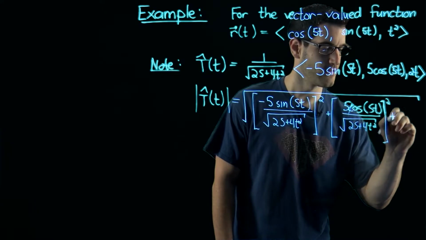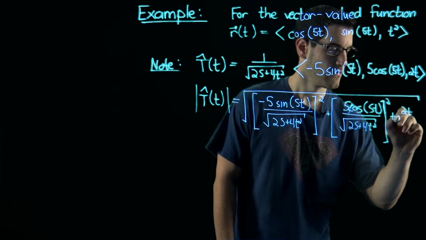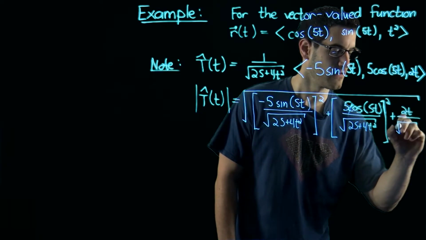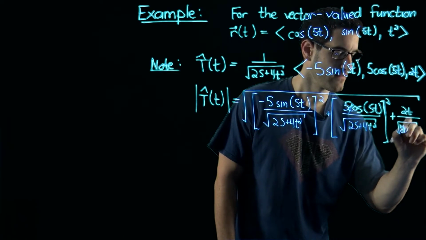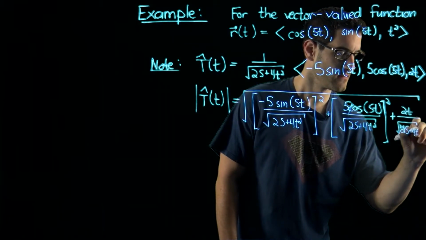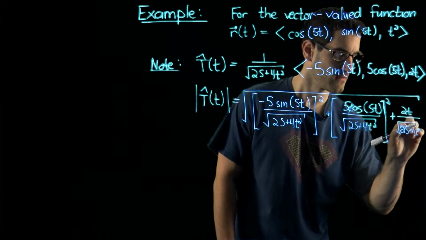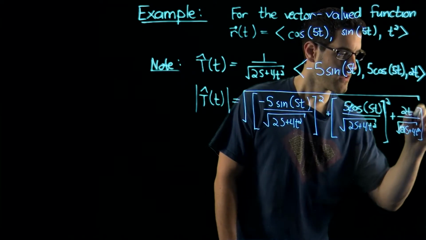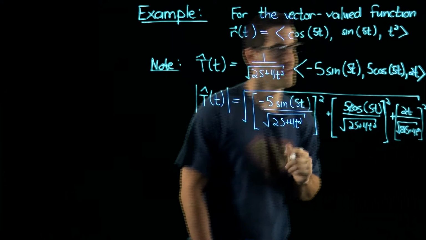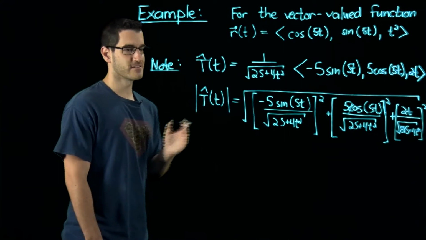Square it. And then the last one will be 2t over root of 25 plus 4t squared. Clean that up. Okay, so running out of a little bit of space there, but it's not too bad.